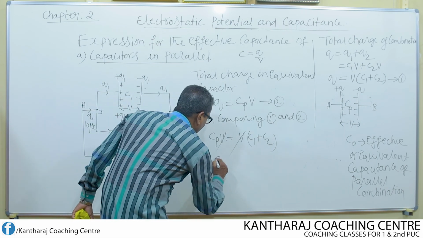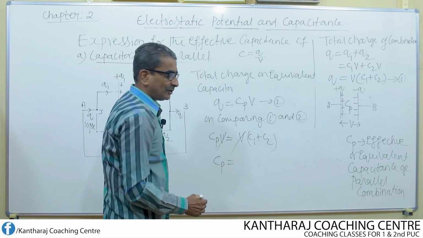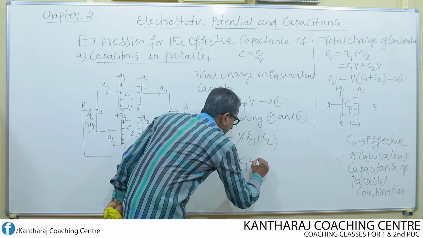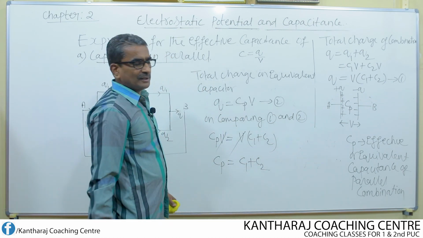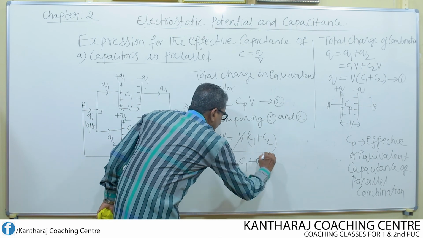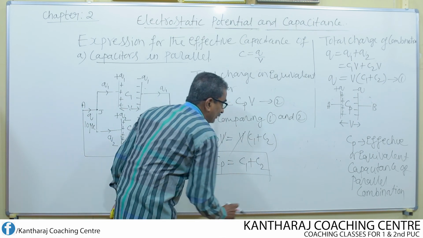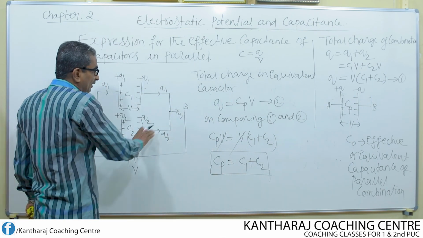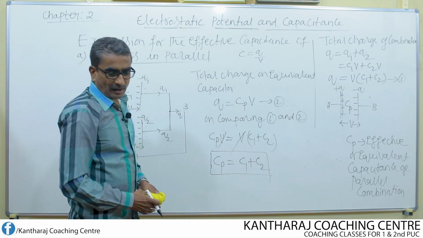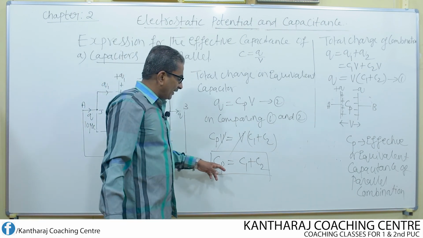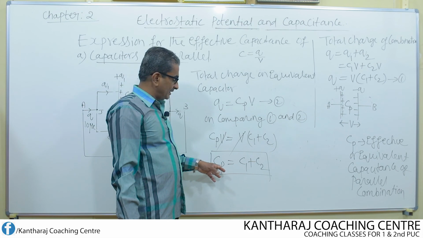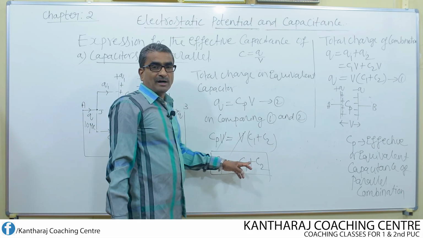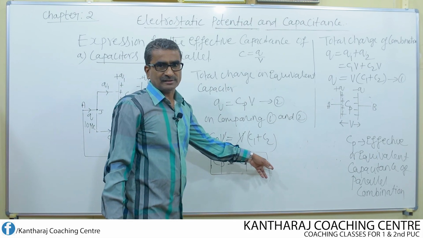Then what do we get? Cp is equal to C1 plus C2. So, this is the expression for the effective capacitance of the parallel combination. How do you generalize this? Effective capacitance of parallel combination is equal to the sum of the individual capacitances.